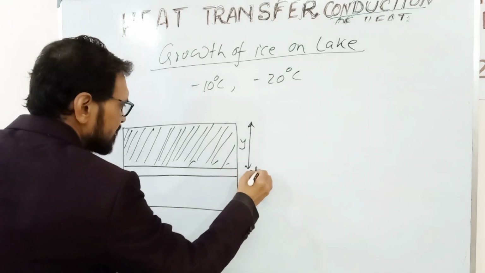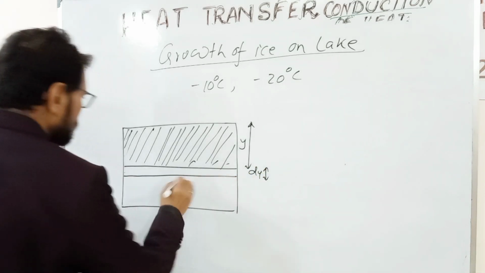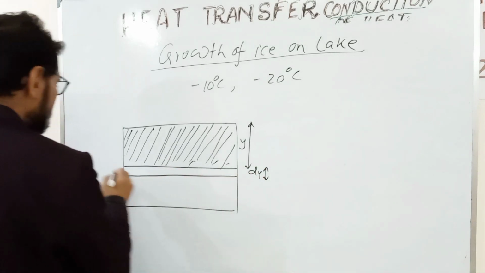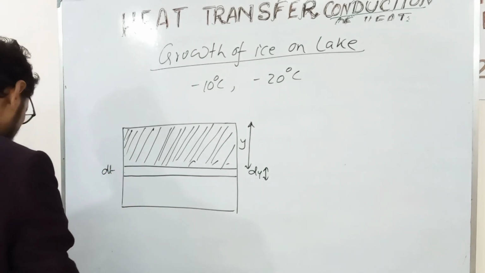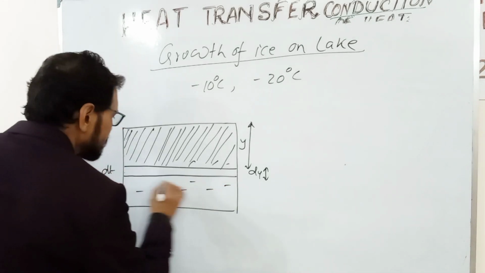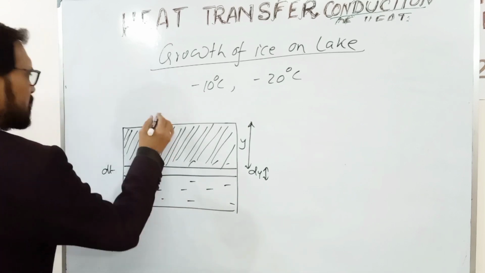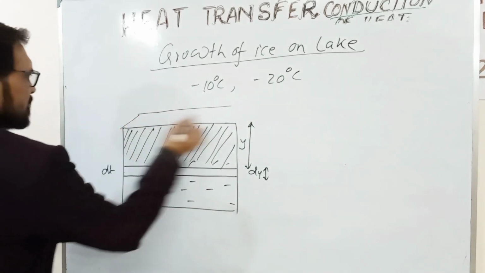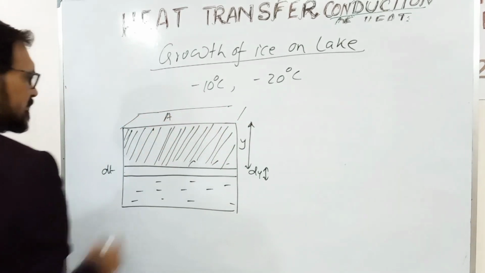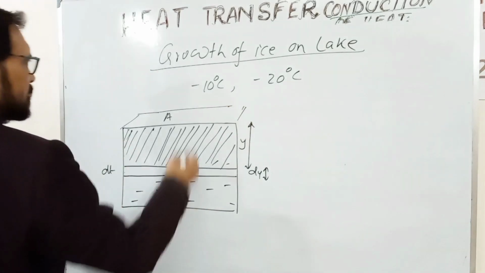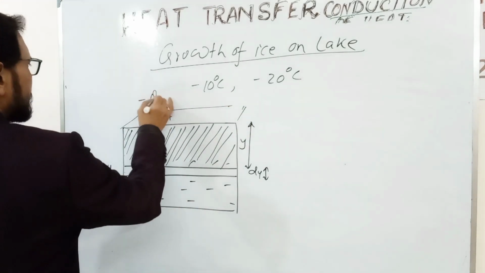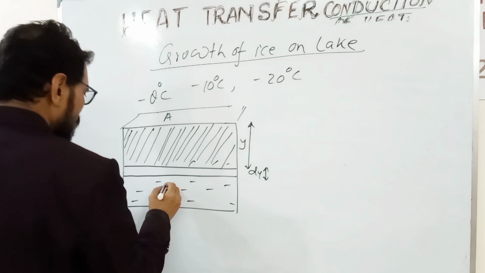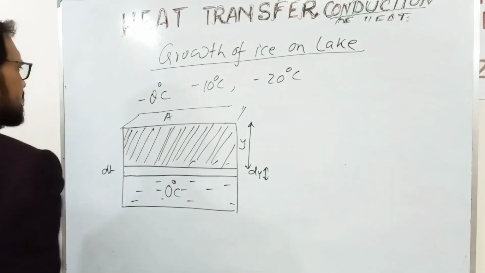Now dy is the thickness of the ice formed in time dt second. Now below that, this is water, and the surface area of the ice is A. A is the surface area. Now the surrounding temperature is minus theta degree centigrade and water temperature is 0 degree centigrade.